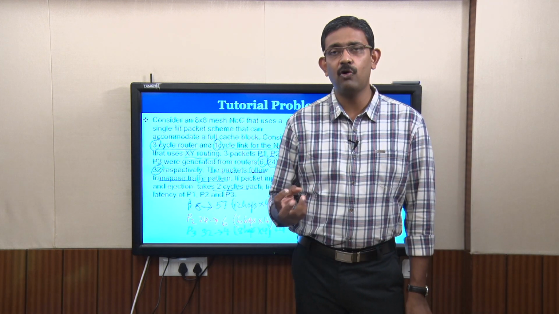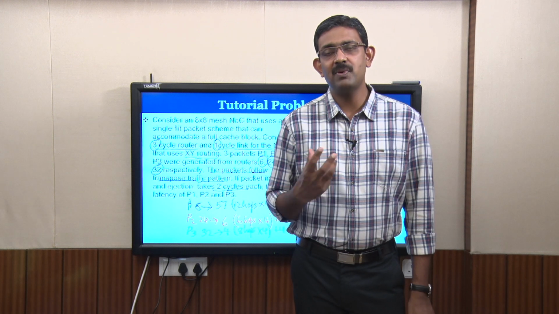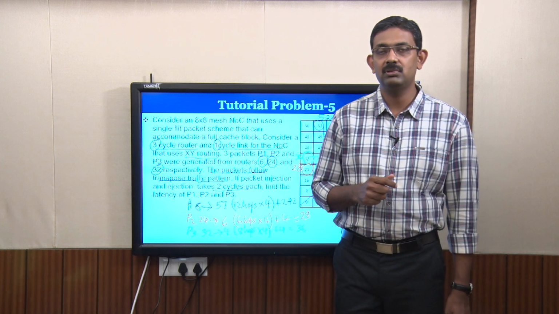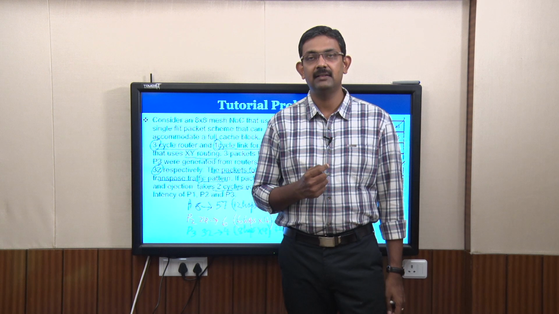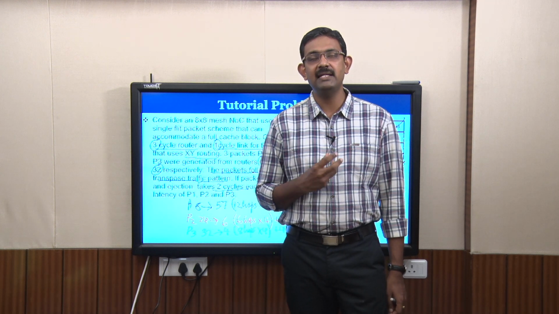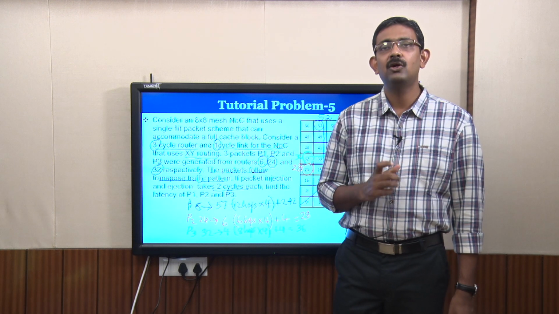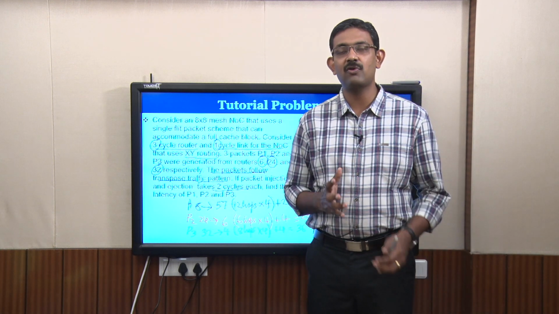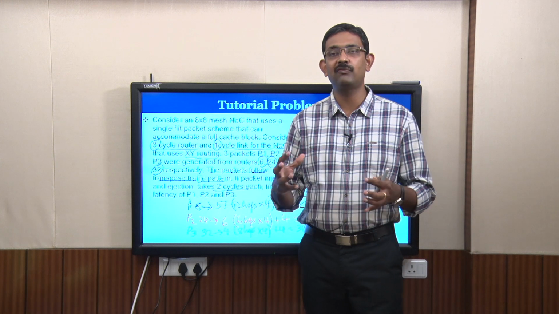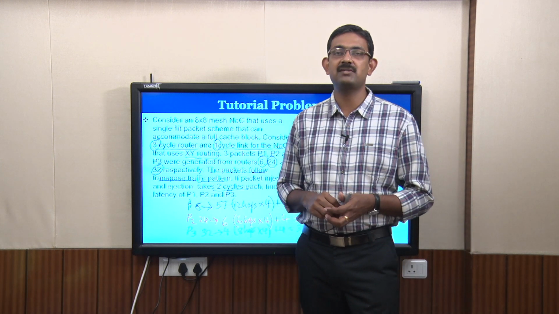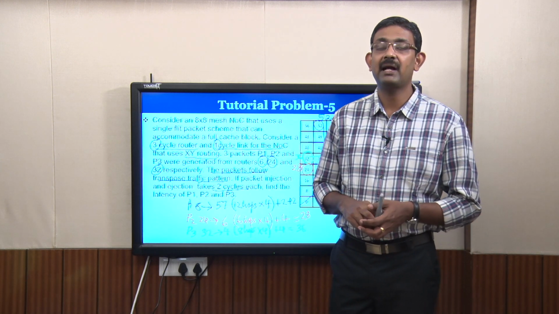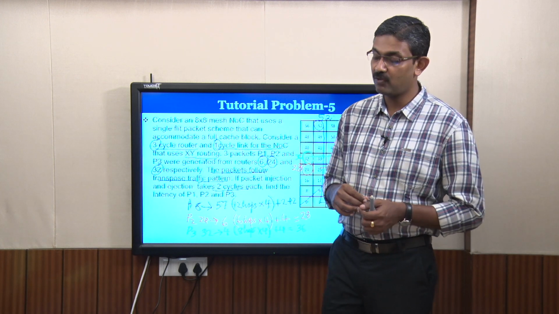That will tell you the number of hops, and you have to find out how much time it will take to hop one location. The router latency is given: each router will take 3 cycles to process the packet and each link will take 1 cycle to transfer the packet. So, it is 3 plus 1, 4 cycles. So, number of hops into 4 plus packet creation time plus packet ejection time. This is the way we solve this problem.